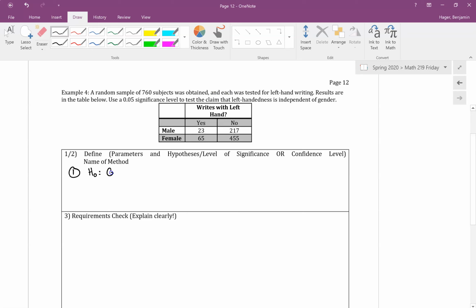So the null would be that gender and being left-handed are independent of one another. The alternative to that is that they are not independent, that there is some sort of link between male or female and being left-handed. So the alternative is that they are dependent, that there is an association.